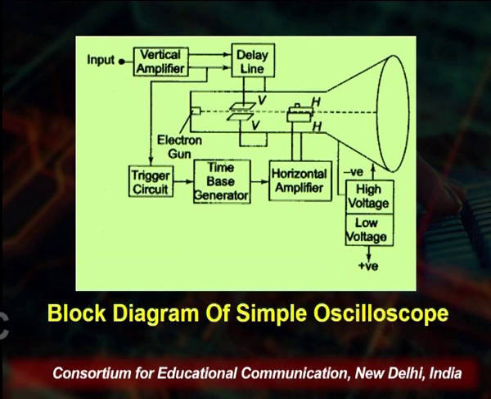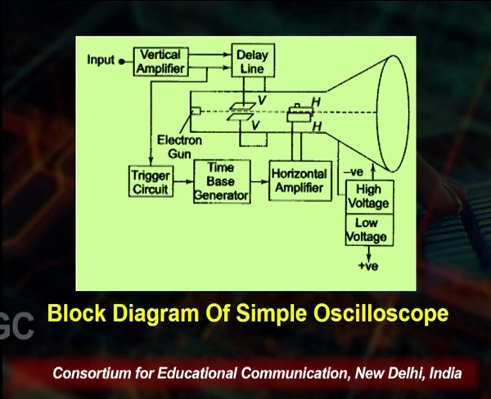Here we have the trigger circuit that is connected with the vertical amplifier. After that, the time base generator, because we are getting the time and voltage output. Then it is connected with the horizontal amplifier that gives the output, and from here the high voltage or low voltage output we will get and we can get the display.